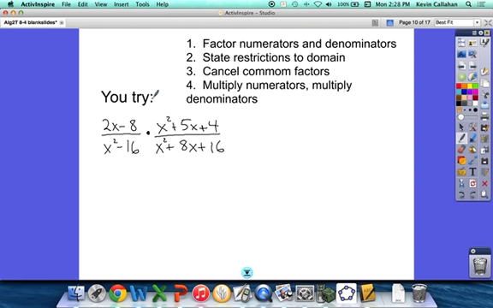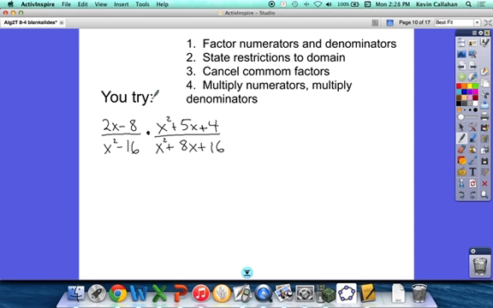Let's see. Where's the negative 2? Oh, sorry. I was just 2 times x minus 4. x plus 4 times x plus 1. x plus 4, x minus 4, x plus 4. So you canceled these. Yes. You canceled these.